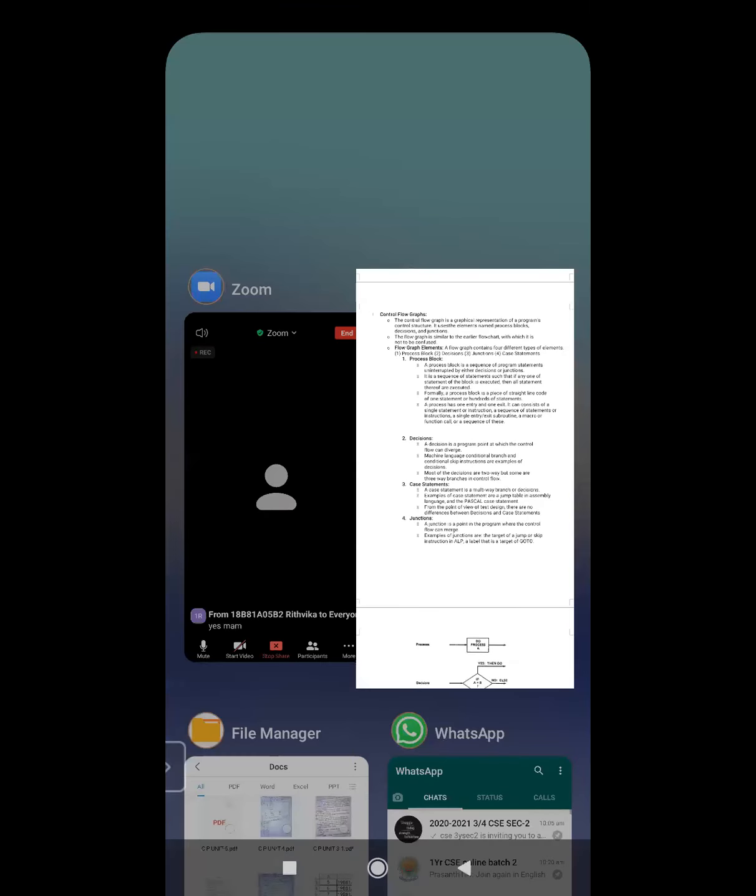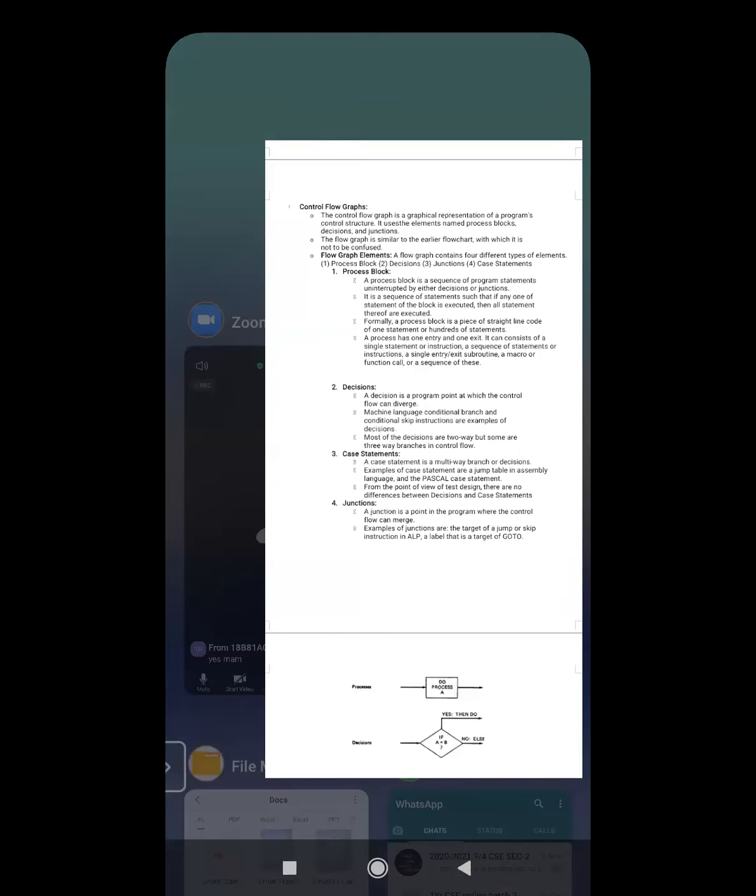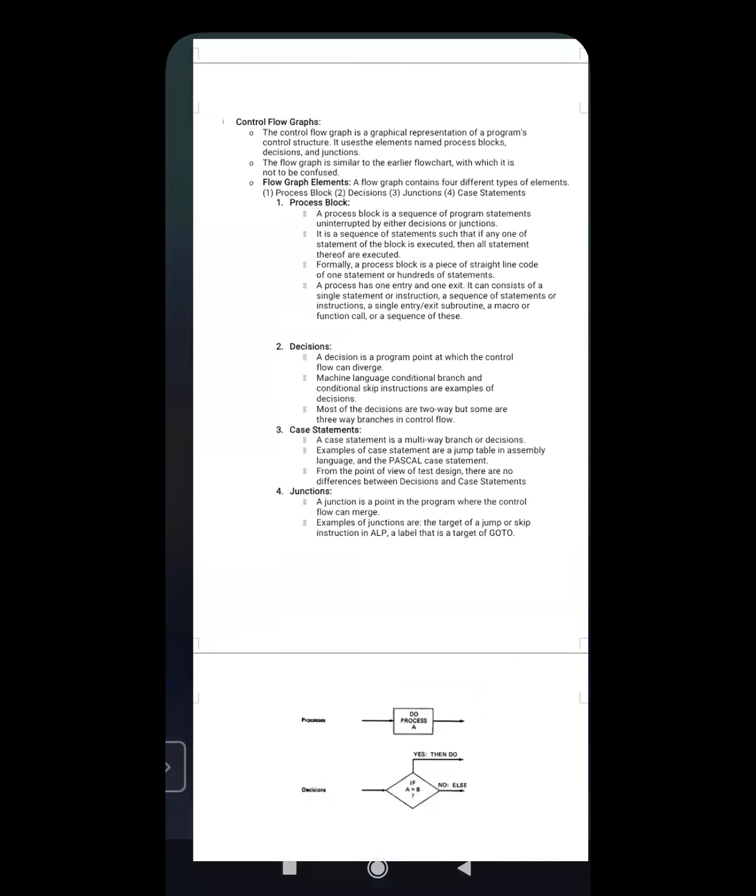Okay, graphical representation. It consists of 4 elements: process block, decisions, junctions, and case statements. First one, process block. Here the process block is a sequence of program statements uninterrupted by either decisions or junctions. What is the meaning of process block?